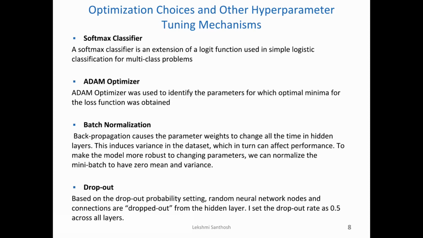And this process is highly randomized, and this deliberately adds noise to your prediction, thereby making it more robust. And again, as I've mentioned in the overview slide, we use a softmax classifier to identify the probabilities of each of the 4 classes, and the Adam optimizer is used in this project to identify the optimal parameters.